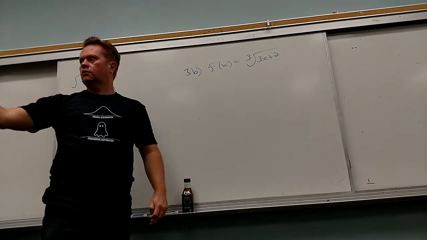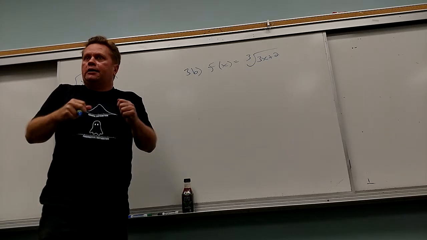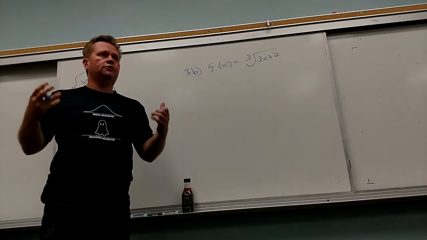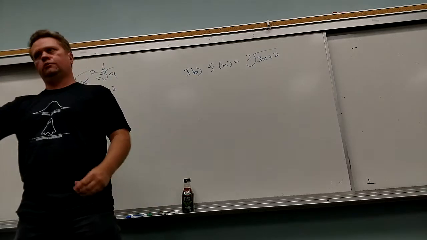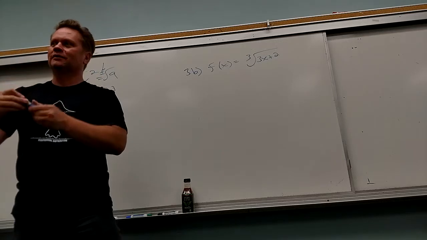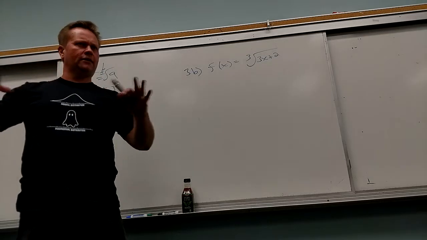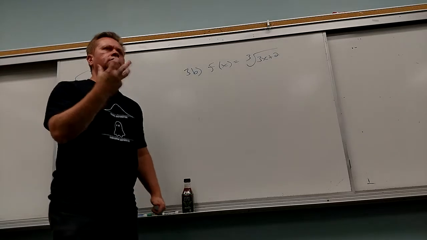Because which ones are the uptight ones, even or odd? Even roots can't handle negatives, can't be negative at the end, they just freak out. They become complex numbers. We don't like to think about them, we don't have to. If I just say find the domain, it's understood to mean real numbers.